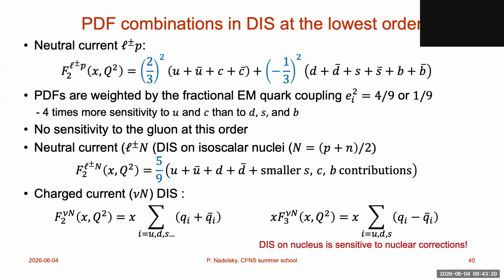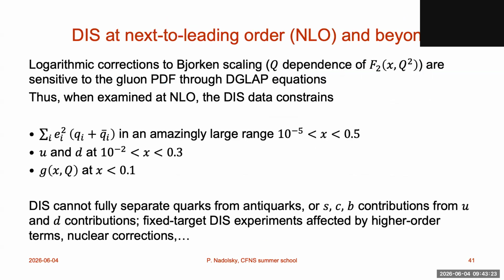Okay, now you also say, okay, what happens when we go to higher order? Well, at higher order, a couple of very interesting things happen. First of all, at the leading order, the photon doesn't couple to the gluon. But at higher order, you start picking up contributions from the Bjorken scaling violation, from the evolution of the PDFs. And the evolution of PDFs is dominated by the gluon contribution.